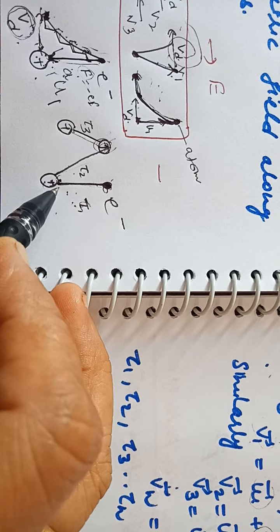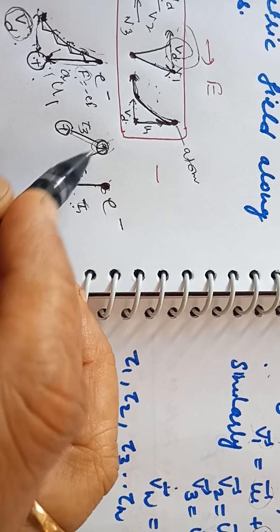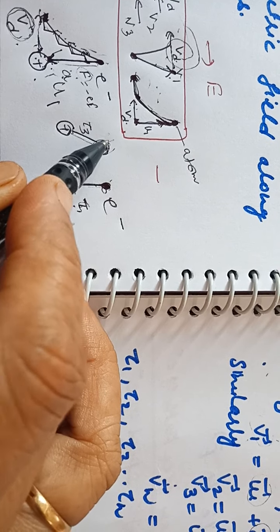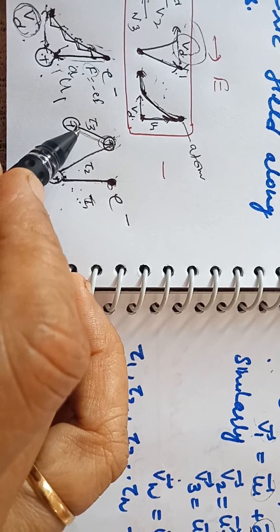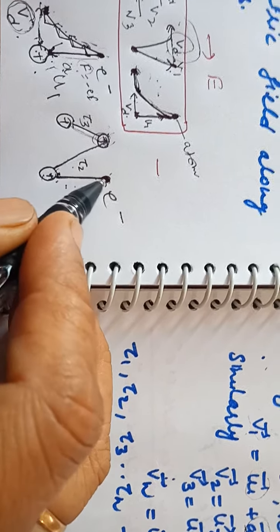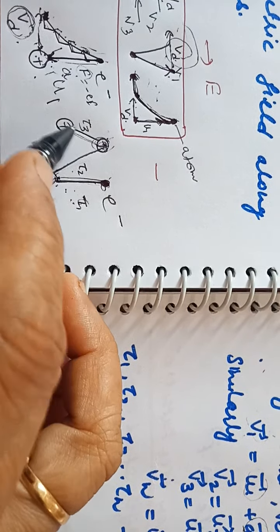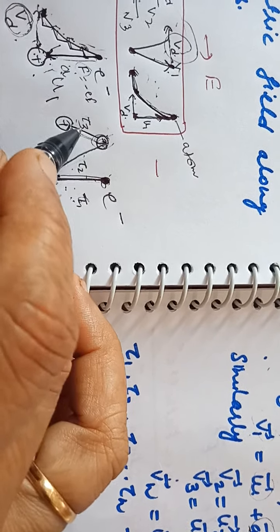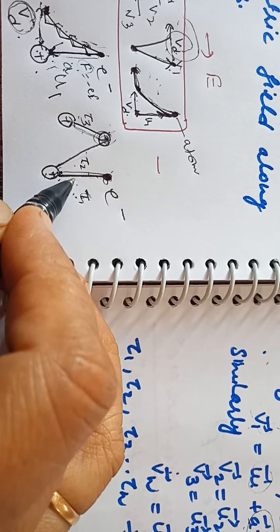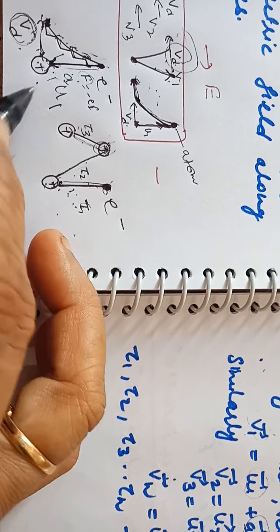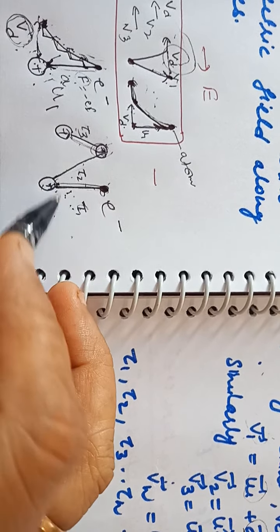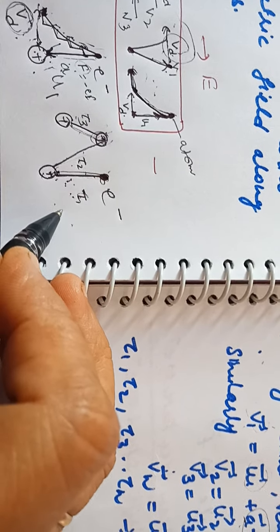This is the path taken by the electron in one direction, and this is the path taken in another direction. When you take the mean of these paths and divide it by the drift velocity, this constitutes the relaxation time.